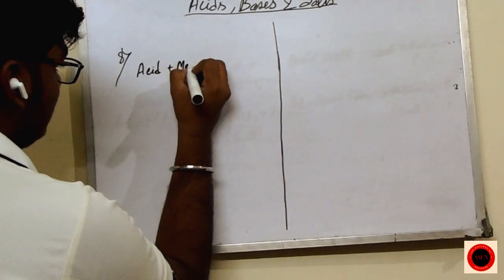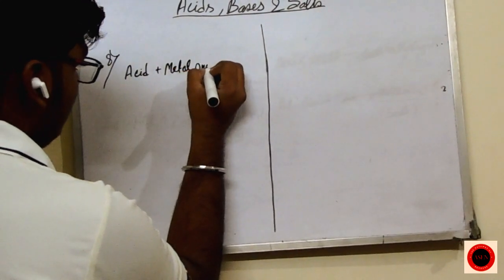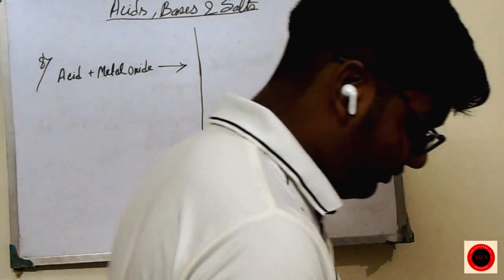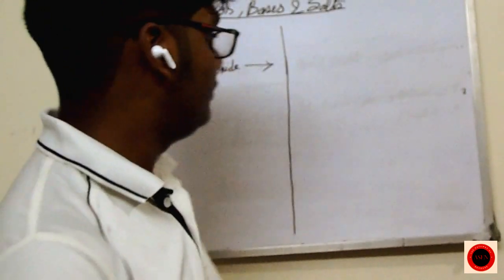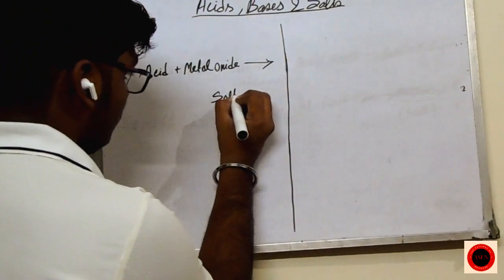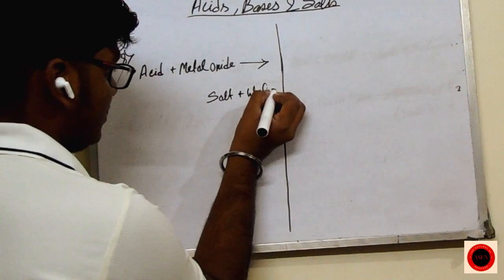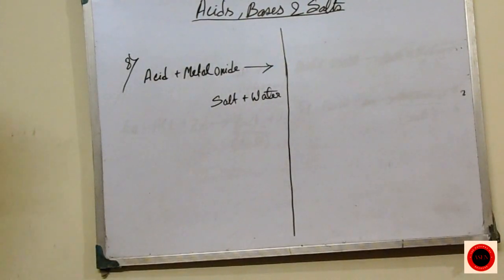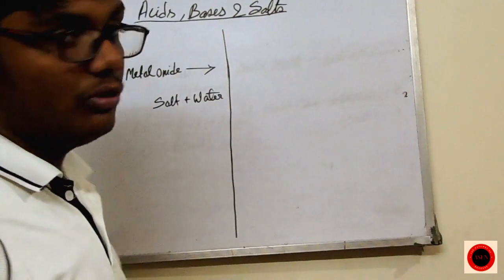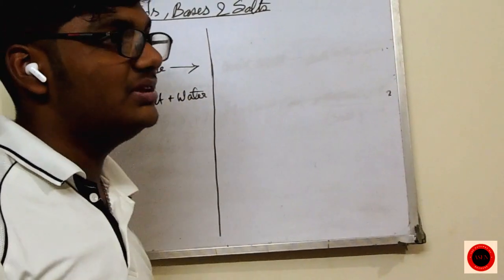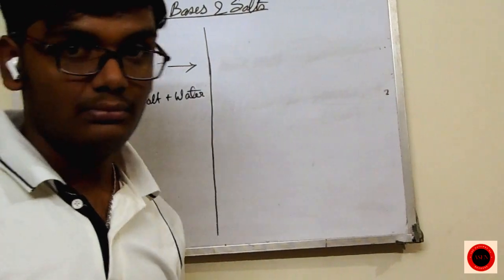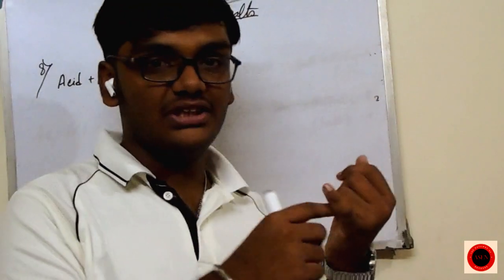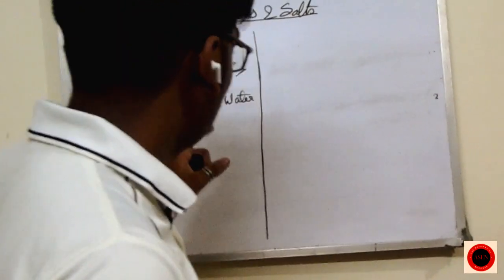Acid plus metal oxide is forming salt plus water. Acid plus metal oxide forming salt plus water. Why is it becoming water? Because we know metal oxide means, suppose ZnO, calcium oxide CaO. So one oxygen is added in this reaction. So what will happen?